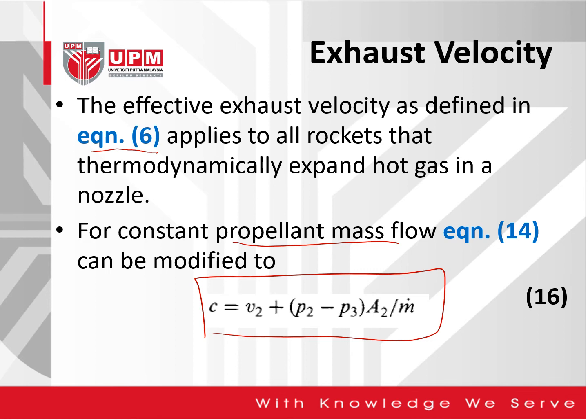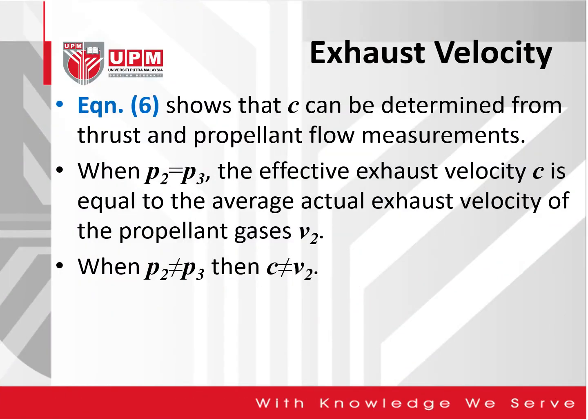The exhaust velocity is equal to V2 plus the difference between the pressure inside the chamber and the atmospheric pressure P3, times the area A2, divided by the mass flow rate. And this equation shows that the exhaust velocity can be determined from thrust and propellant flow measurements.